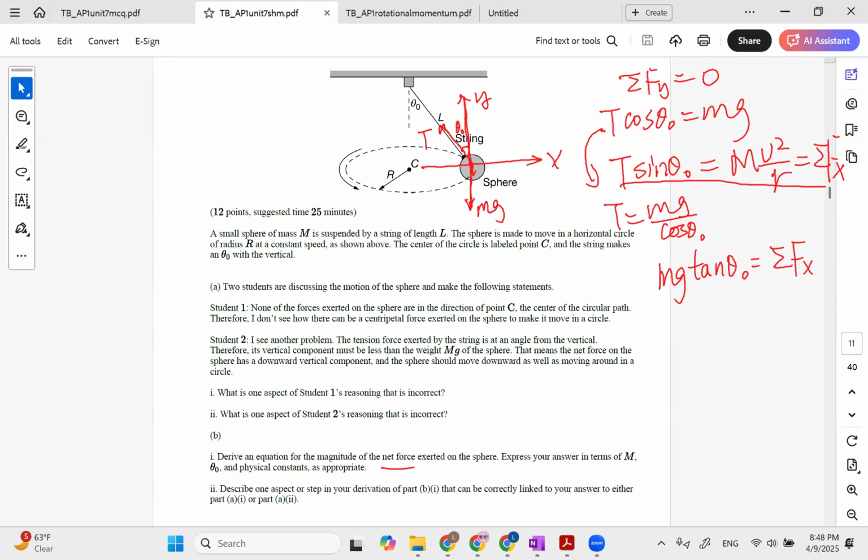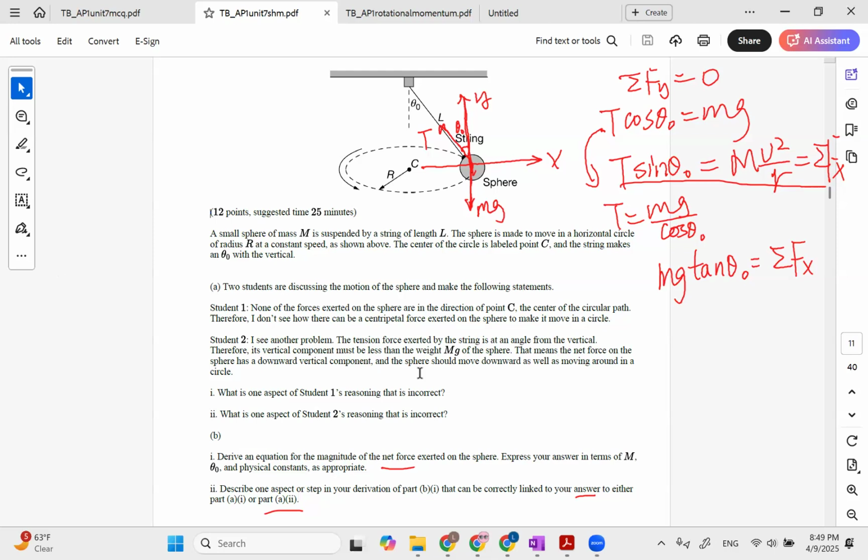That's indicated in A1, right? And the tension here is mg over cosine theta. So you know tension is greater than mg. Let's describe to A2. Does it make sense? You got it? Done, right? Does it make sense?